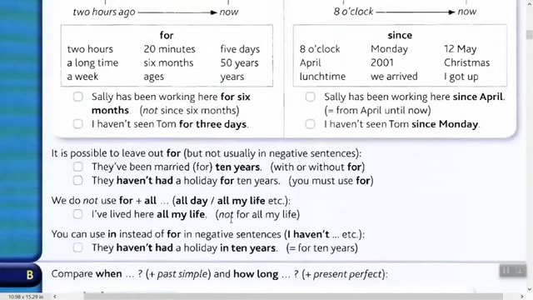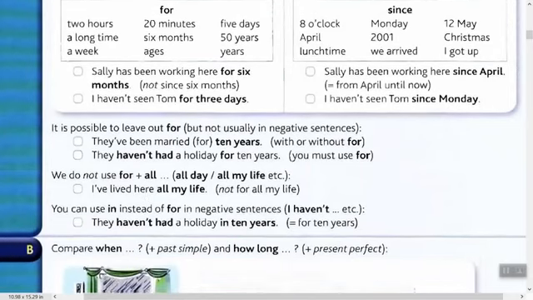Wrong. Sometimes, for example, I put for. Right or wrong? We say wrong. Why wrong? Because we don't use for plus all my life, or all day. You see? I hope this idea is clear.